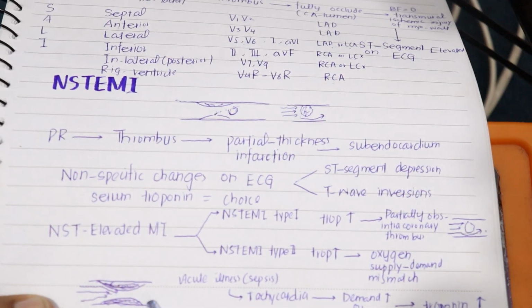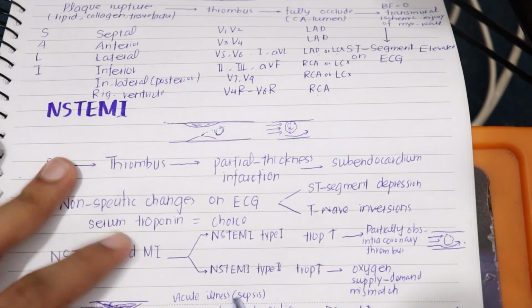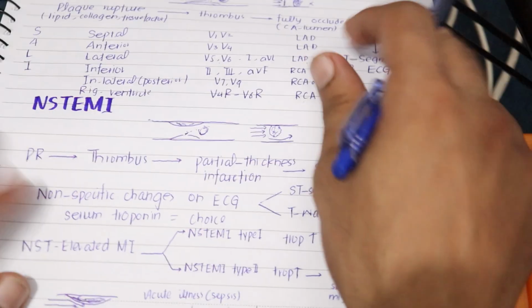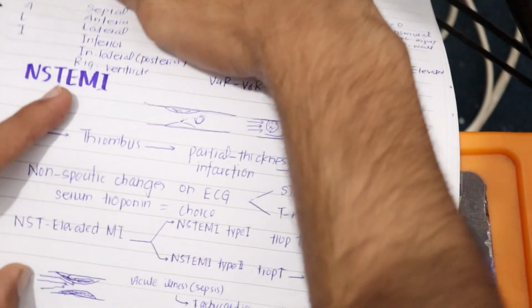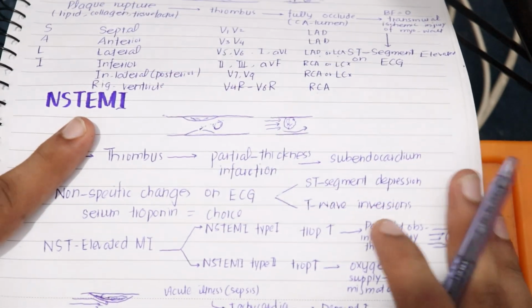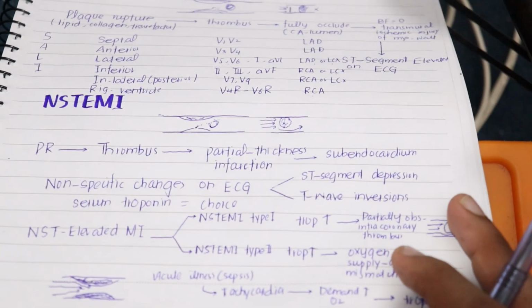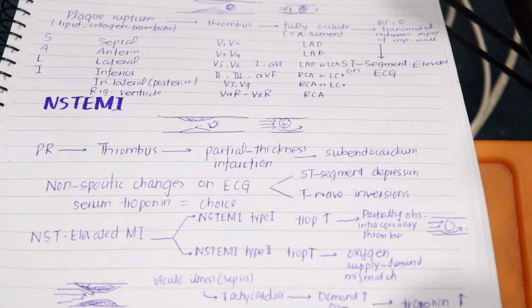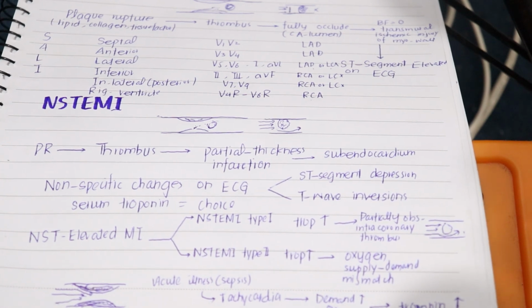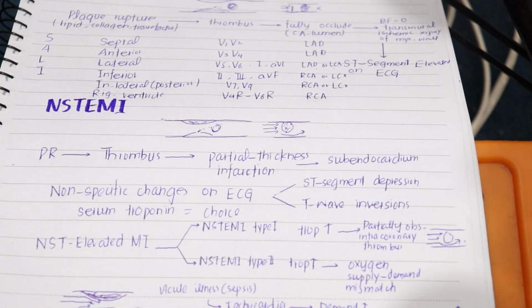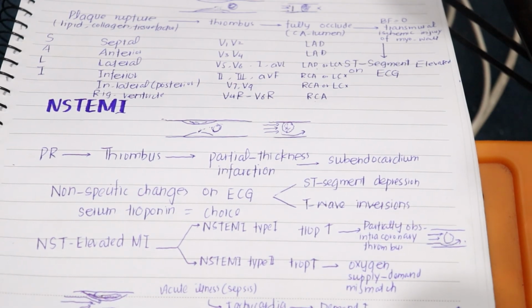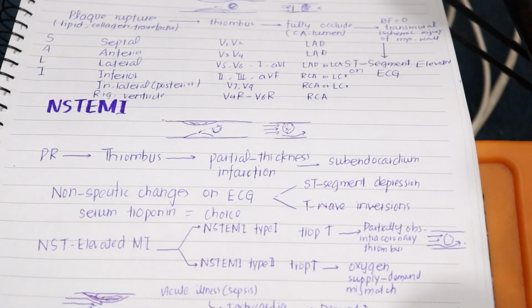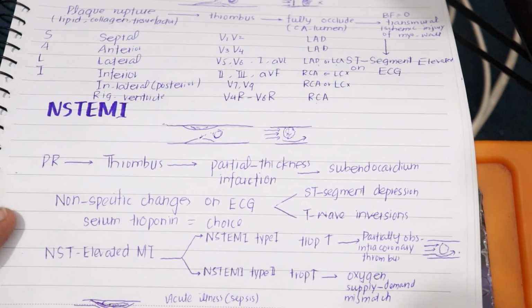Look at this one, the patient has sclerosis, and when there is acute illness like sepsis, what happens? There is tachycardia. When there is tachycardia, the oxygen demand is high, while the oxygen demand is not met. Why? Because there is thinning of this intracoronary wall. That's why the troponin is high.